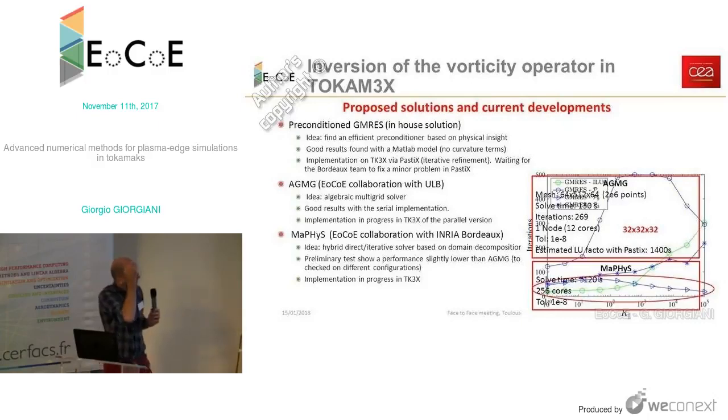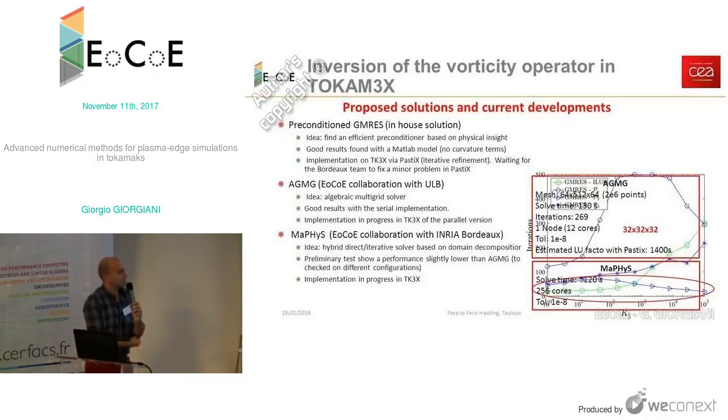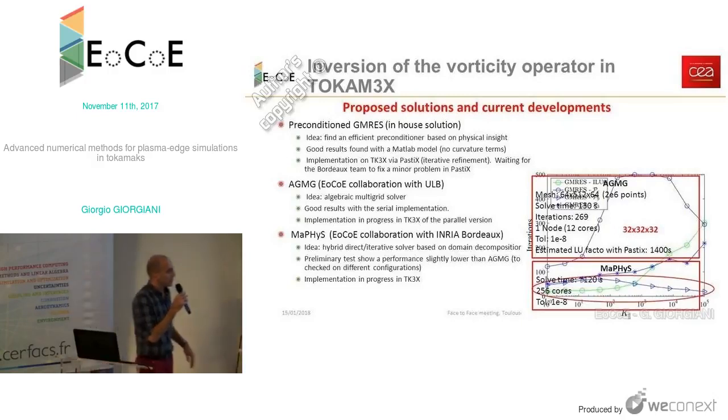I did some parametric tests using different kinds of preconditioners, and in this graph, you can see that for a small mesh of 32 points in each direction, for example, this green line can be taken as a reference because it's the ILU0 preconditioner, which is the most common kind of preconditioner that you can use in GMRES.